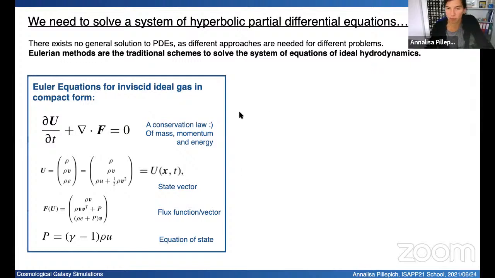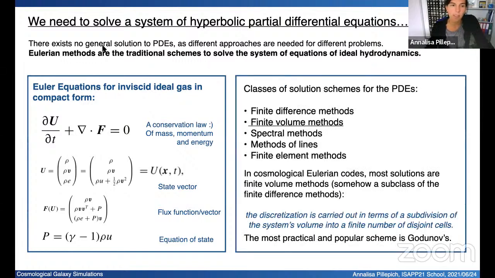And then of course you have your equation of state. This is a very big field. People have developed it in many ways in the past, beyond astrophysics and cosmology. There are various classes of solutions, and I just want to mention them: finite difference methods, finite volume methods, spectral methods, finite element methods, all to solve these PDEs.